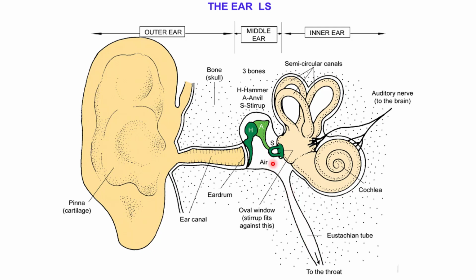So this is a common thing, and as soon as the congestion is over, again the aeration of the middle ear starts. But if it is long term, very frequent, the aeration into the middle ear is hampered, air is not transmitted.